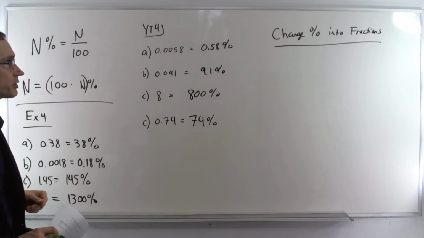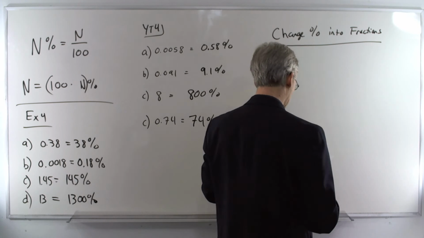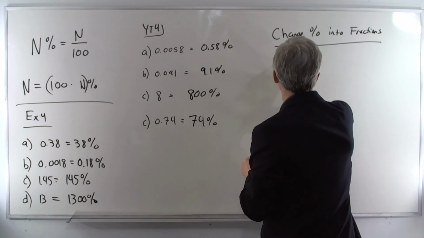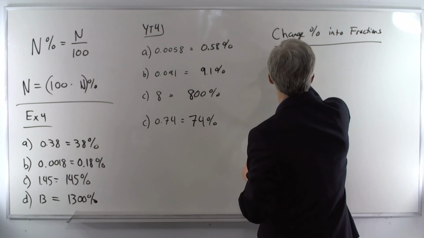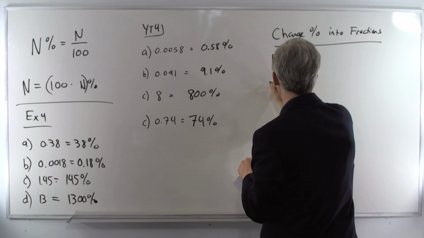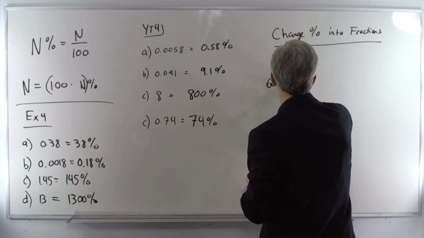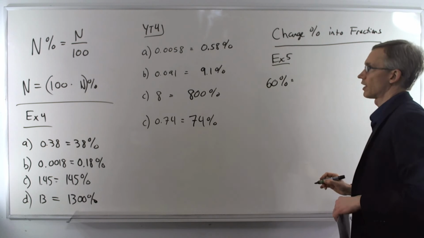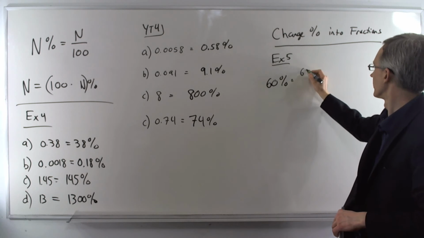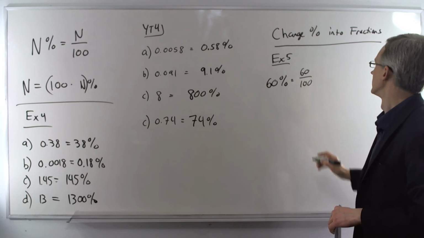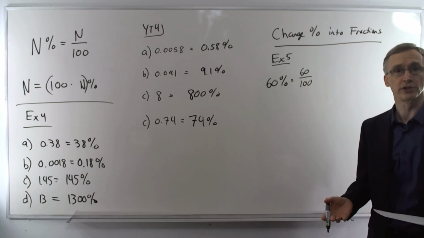And so that's what we're going to do to change percents into fractions. That'll be the first step. So for example, 5, we're going to change 60% into its fraction form, 60 over 100. And now all we have to do is reduce the fraction.